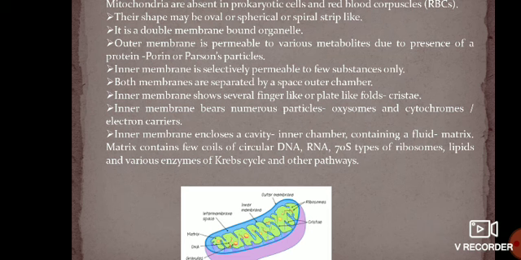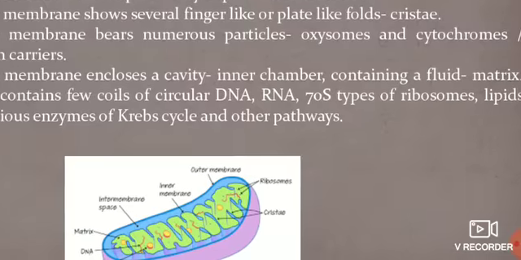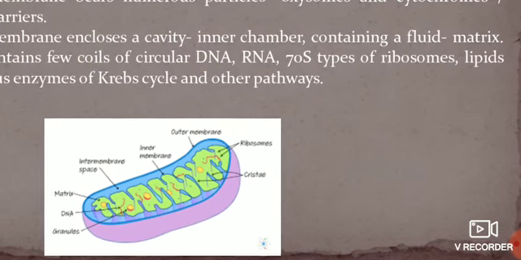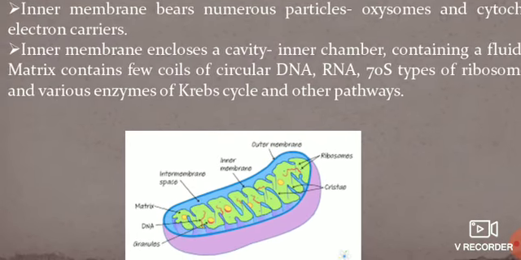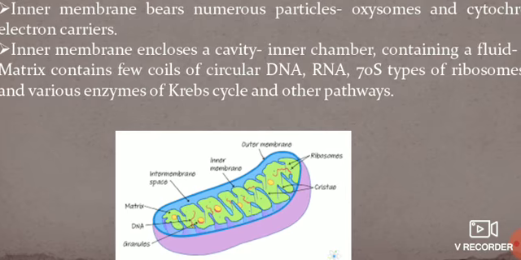Inner membrane is enclosing a cavity inside which there is a fluid matrix present. That fluid matrix contains circular DNA. So, up till now we have been studying that DNA is only present in the nucleus, but yes, DNA is also present in mitochondria and this is called mitochondrial DNA.